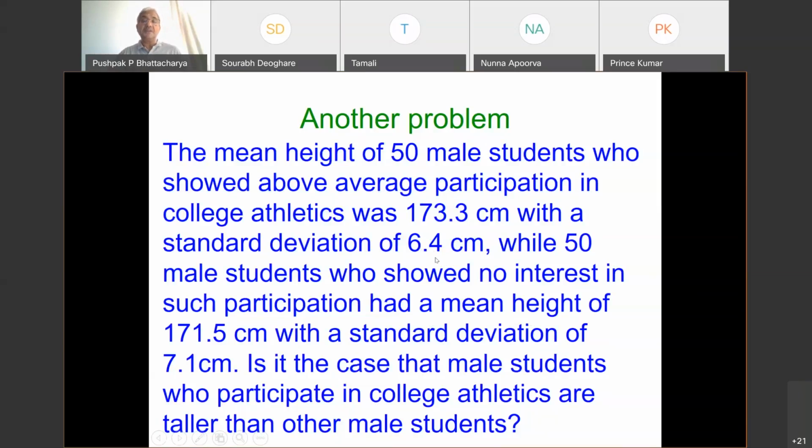So standard deviation is an influencing factor, and also the sample size. The sample size is 50. If it was less or more, what could we have said? The sample size also has an influence on our decision.